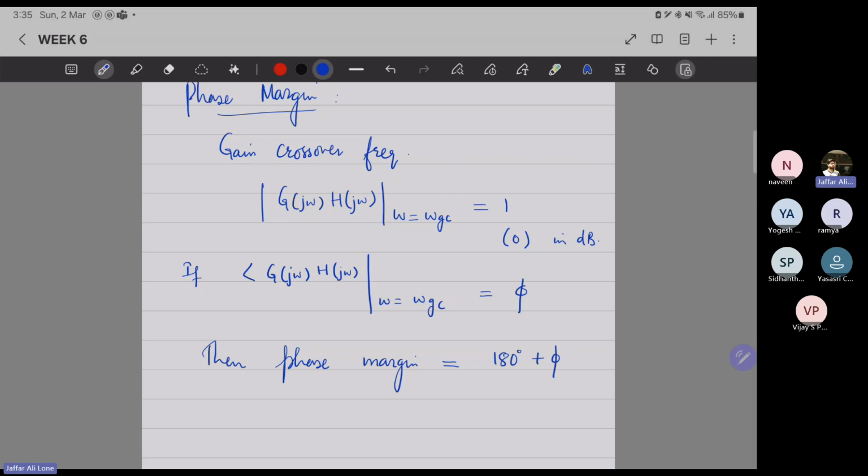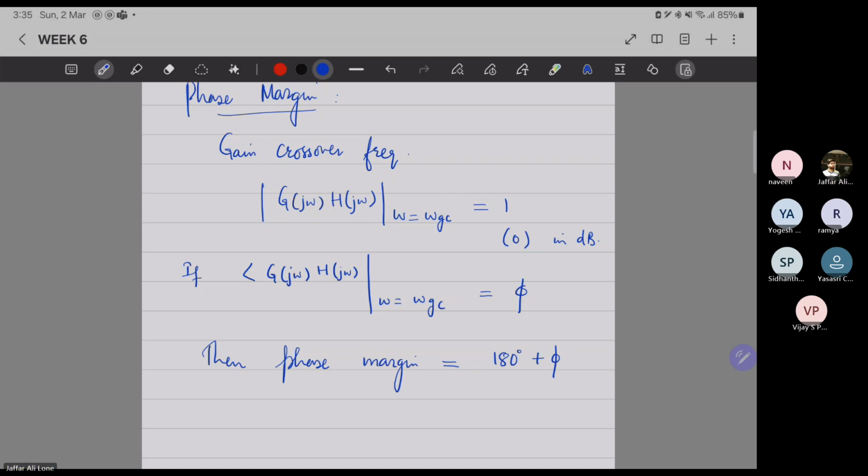Phase crossover frequency is that value of frequency where the angle of G(jω)H(jω) is minus 180, and gain crossover frequency is that frequency where the magnitude of G(jω)H(jω) is unity, right?